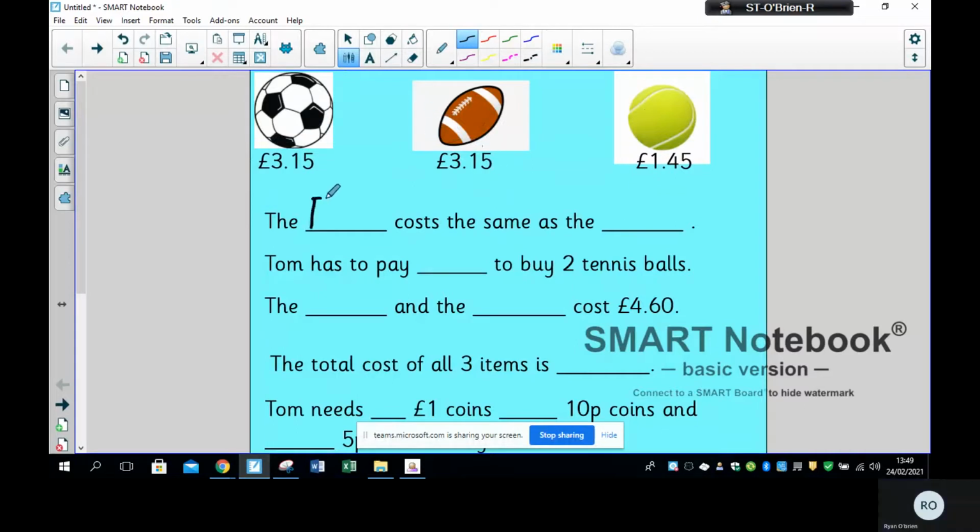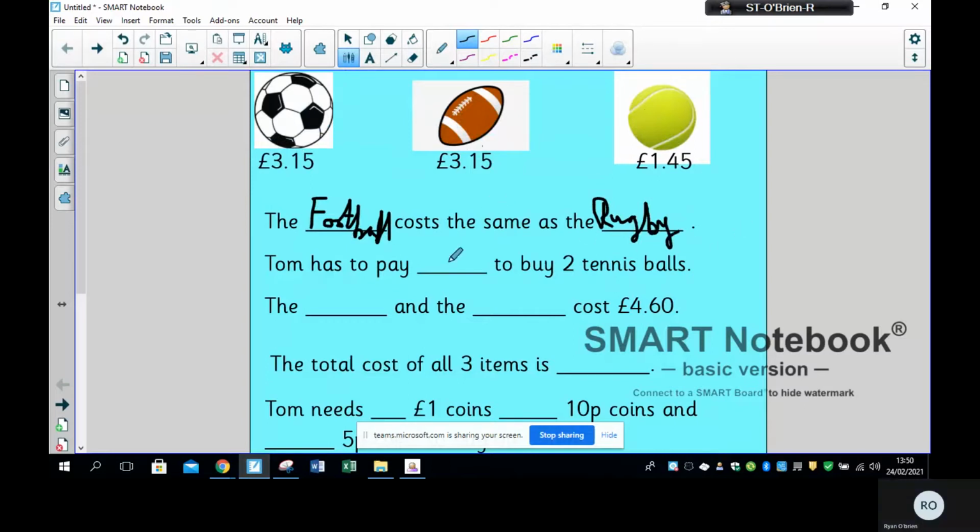So the football costs the same as the rugby ball. I'm just going to write rugby.